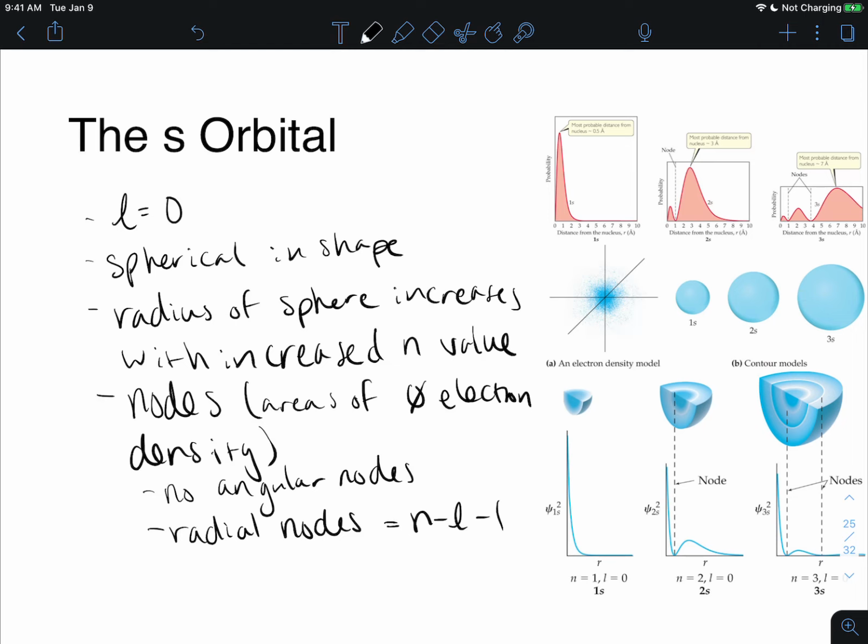Okay, so if we have a 1s orbital, that will be equal to 0. A 2s orbital will be equal to 1. A 3s orbital will be equal to 2. And this radial node equation will work for any one of our different orbital types. But with our s orbital, we do not have any angular nodes.